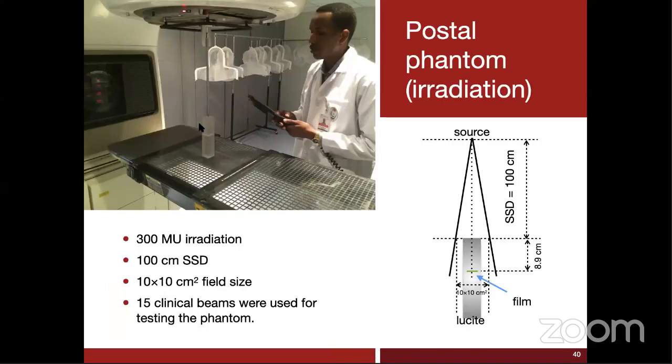Then we put this box at a given, let's say, 100 SSD, and radiate the film, and then we read the film. This phantom is used to conduct the postal dosimetry part, not the calibration part. The calibration was done in full scattering conditions with solid water.